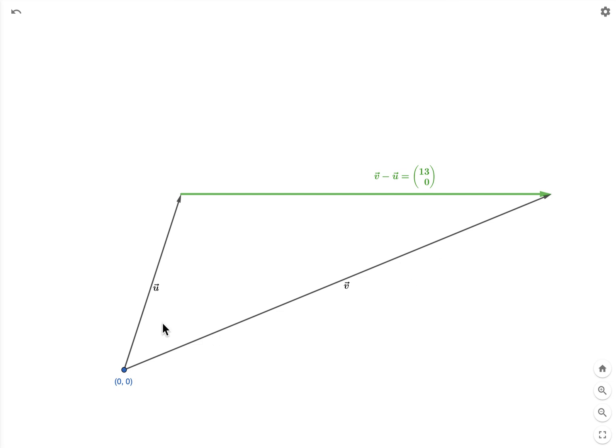That means that u plus the green vector should recover the vector v. And that's what this algebra says: if you take u plus v minus u, the u cancels out and you end up with v. This simple observation is quite powerful.